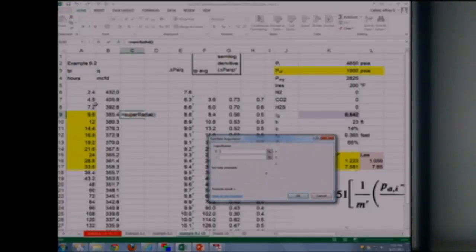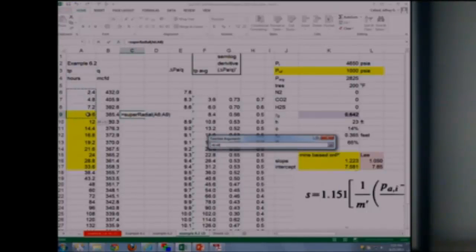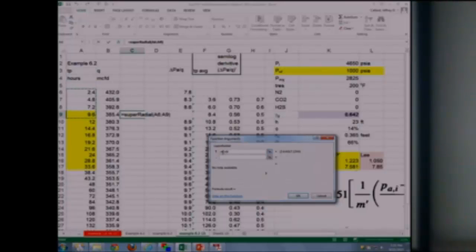Okay, it wants my time array, and I gotta remember to anchor the first time, so I F4. See, I'm on line 9, but I always want all the times up to that point. So I'm anchoring A6 to A9. I'm gonna do the same thing for the rates.